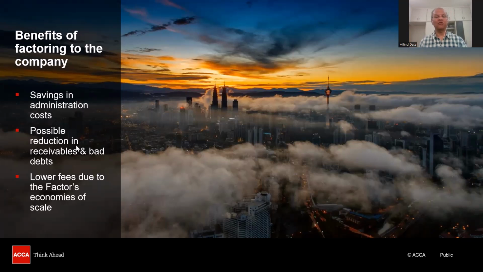The company need not set up the credit control, credit collection, and credit management function. There could be a possible reduction in receivables as well as bad debts, because the factor's expertise may help you to collect your dues in time, and therefore your overall receivable level can drop.